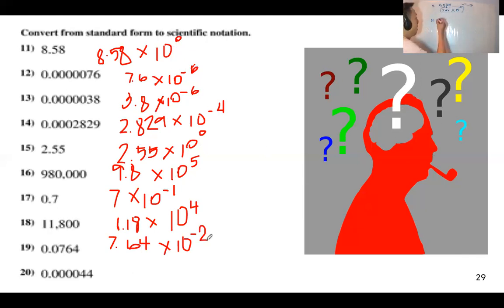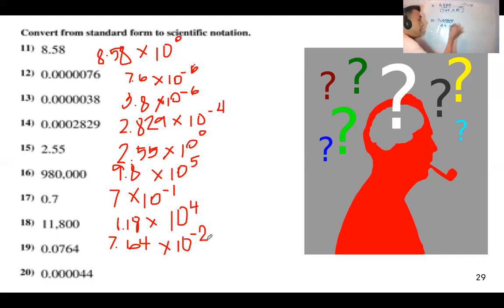Last number, 0.000044. So our decimal point will go to this part, in between 4 and 4. I will write now 4 and 4 multiplied by 10. Ilang decimal points? So from here, 1, 2, 3, 4, 5.